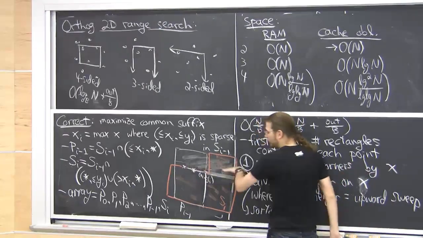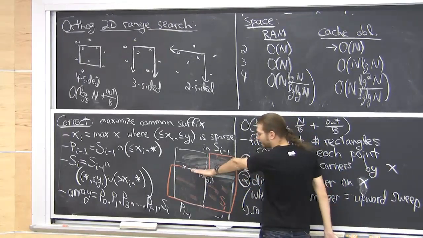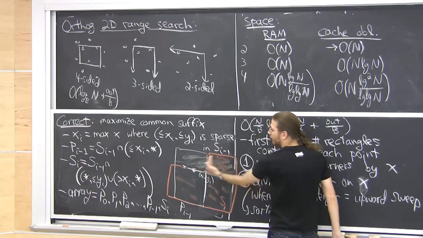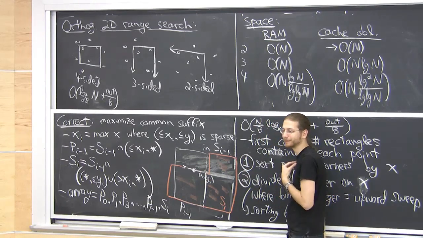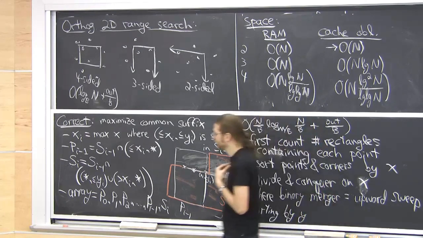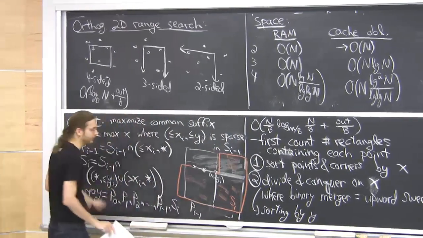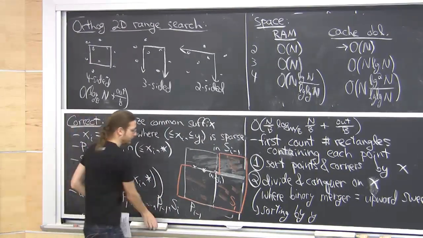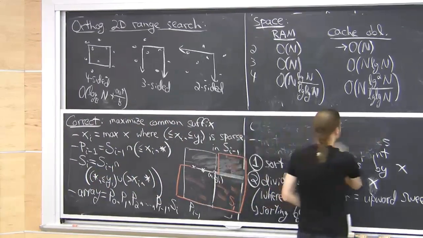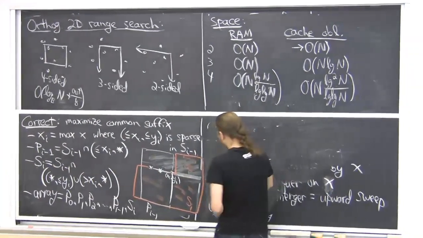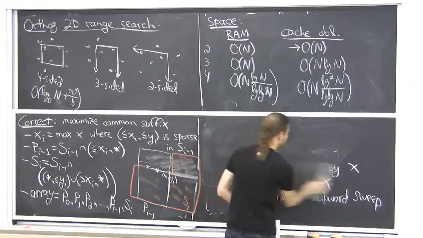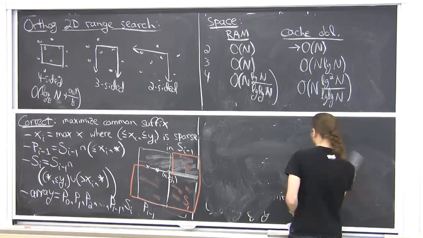Before we just took things below the line. Now we have to take things that are below the line or to the right of the vertical line. Okay, this is essentially necessary for correctness. So we kind of win some, we lose some, but it turns out all is well.